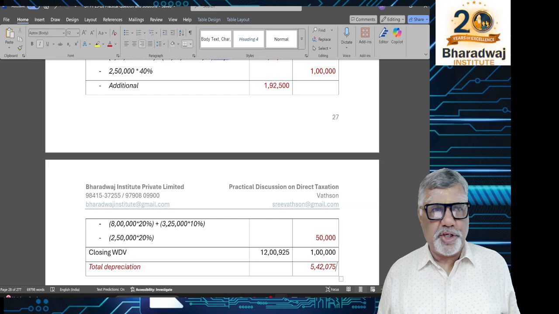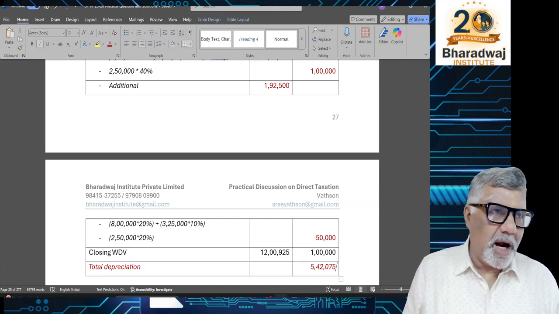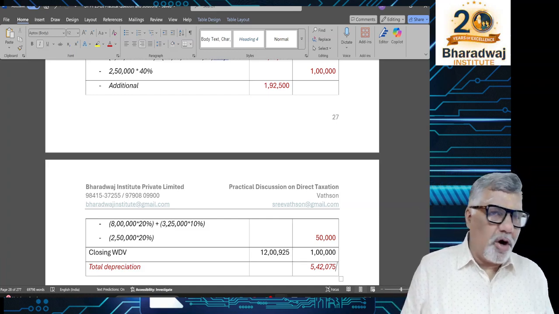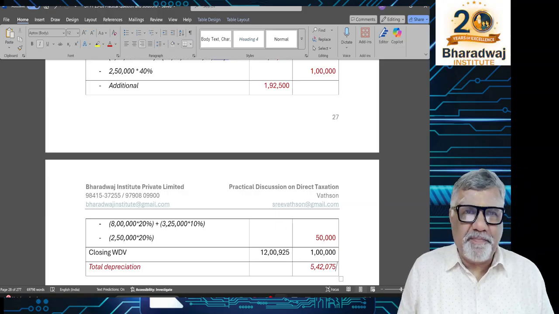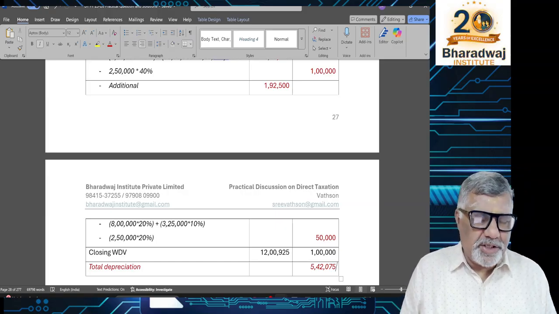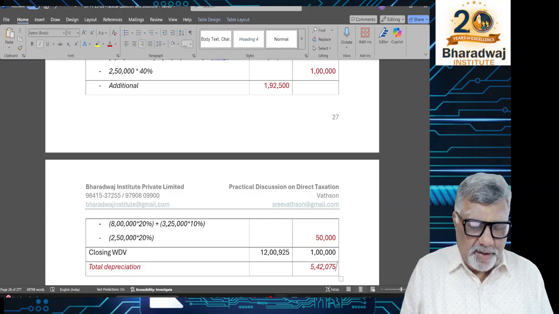This is how it should be computed. Remember, additional depreciation is not available for the concessional tax regime. When questions arise on the concessional tax regime, we will not do the additional depreciation.